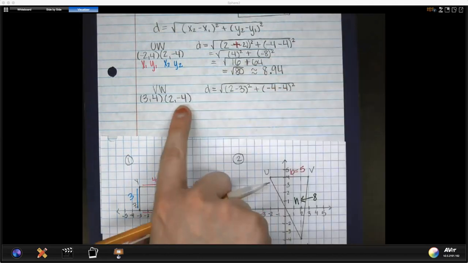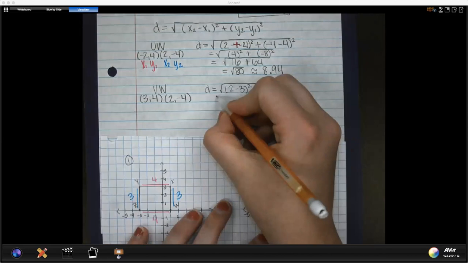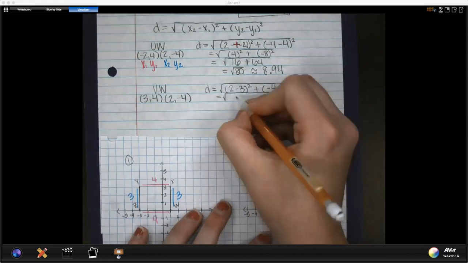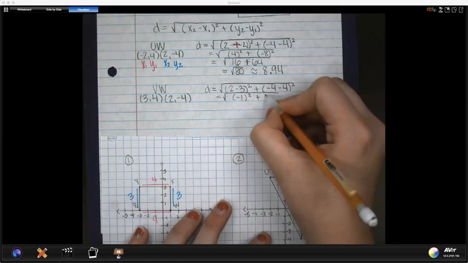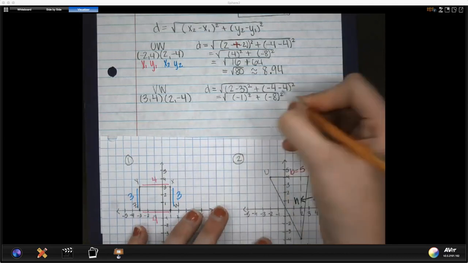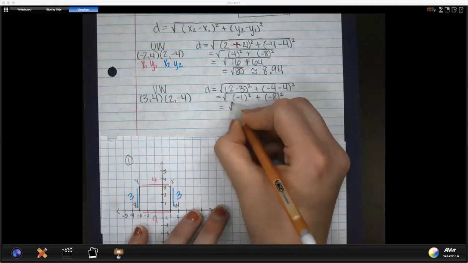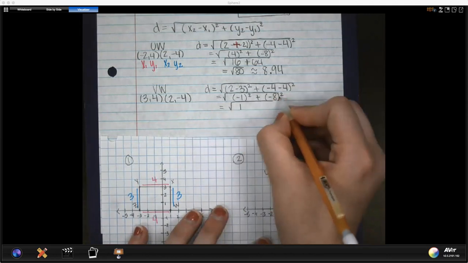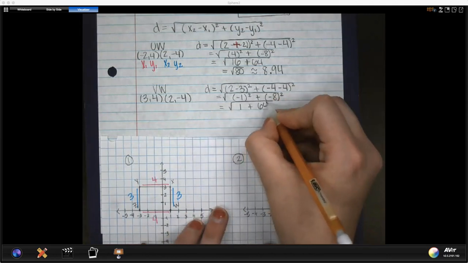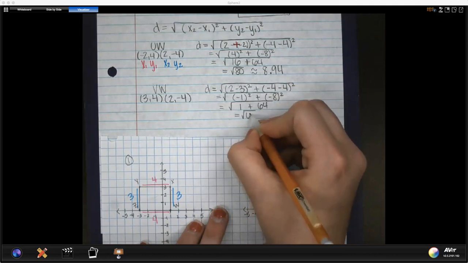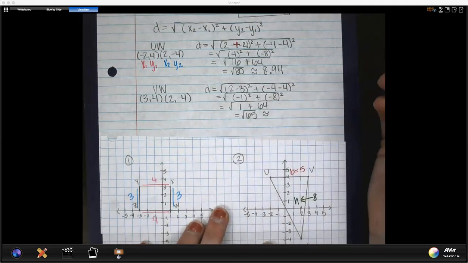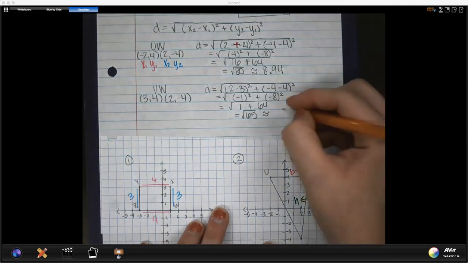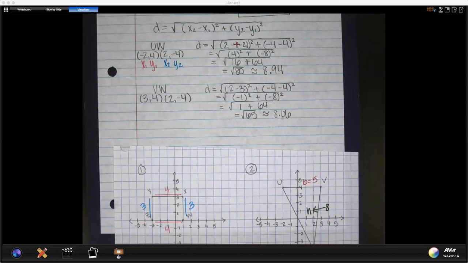Then we would have 2 minus 3, which is -1, and -4 minus 4, which is -8. -1 squared is 1. -8 squared is 64. So you should have gotten square root of 65, which is approximately what? 8.06. Good.